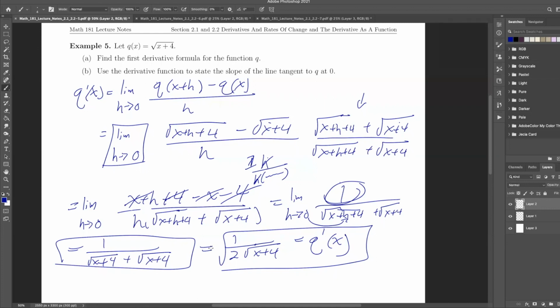Once you plug it in, the limit is no longer needed. In this step, I have not taken the limit. In this step, I've taken the limit. The difference between the two steps is I take the limit as h goes to 0.